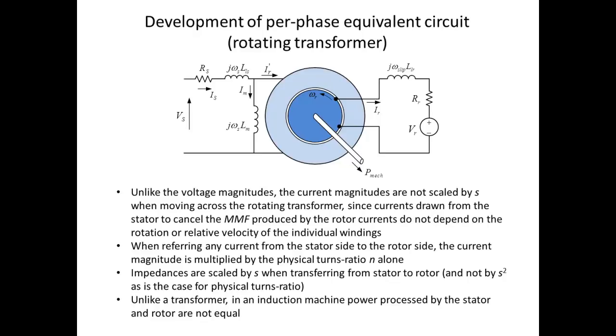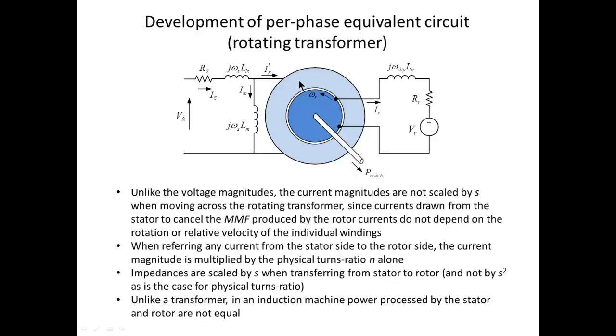A similar thing happens in the case of induction machines as well. When there is a rotor current, there is a corresponding stator current. You can call that the reflected rotor current component of the stator current, which goes to cancel the mmf produced by the rotor current. However, there is no relation for this current on the slip.